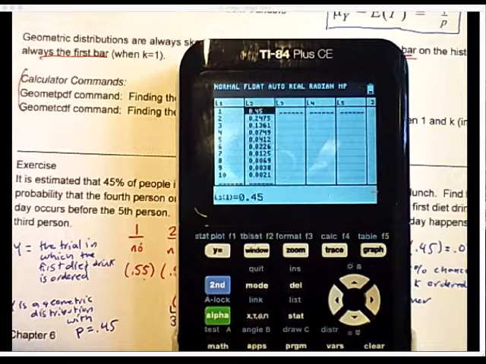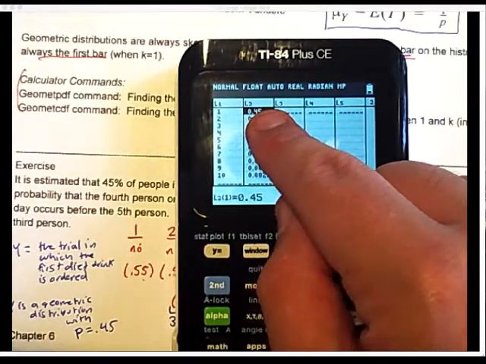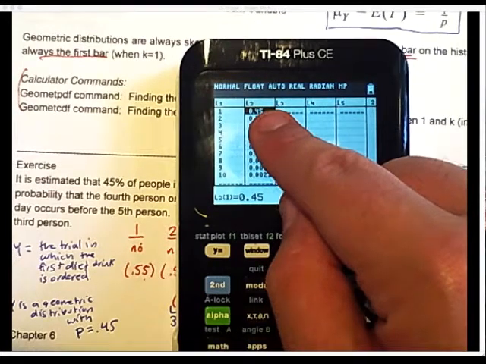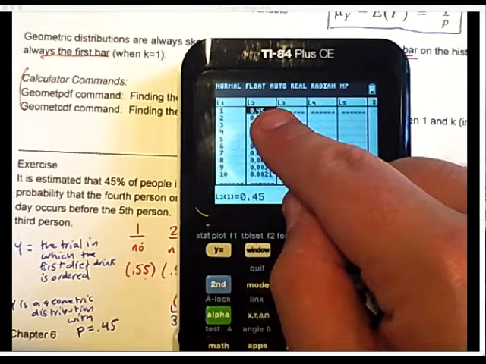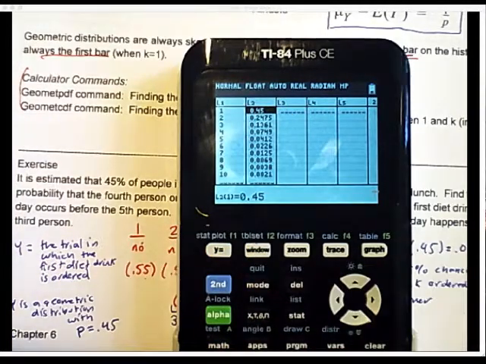Okay, so let's think about this. All right, the probability that the first person orders a diet drink is simply 0.45. The first person comes up and says, I want a diet drink. What's the chance that happens? 0.45. What's the chance that the second person is the first person who orders a diet drink?